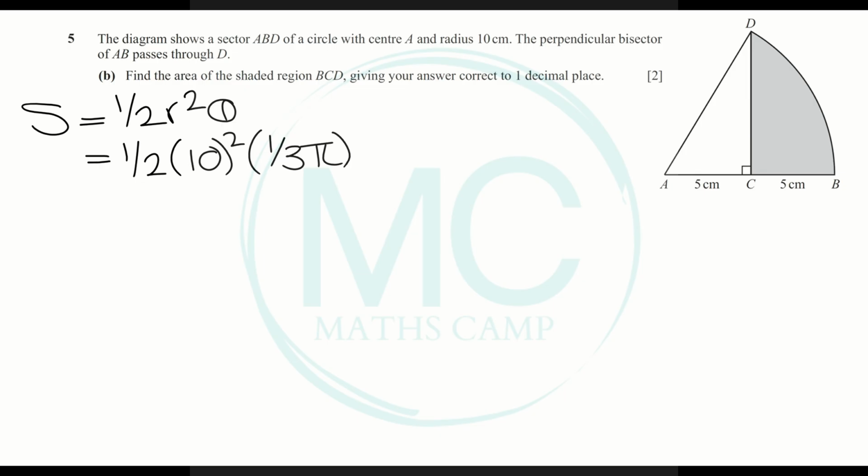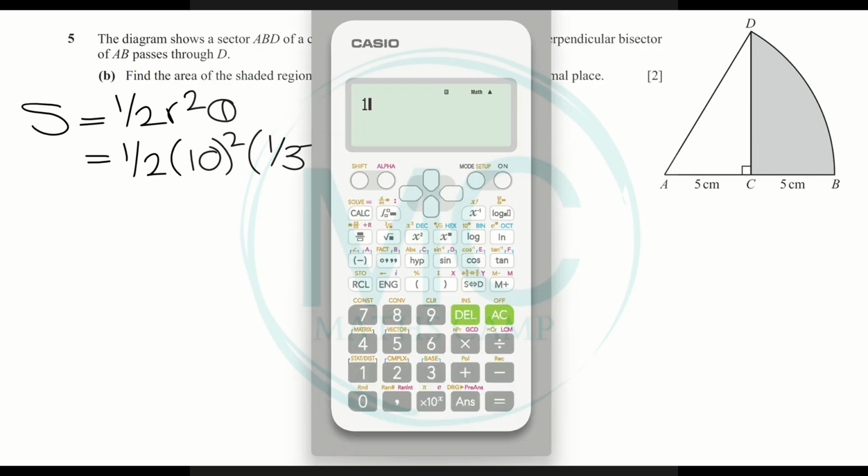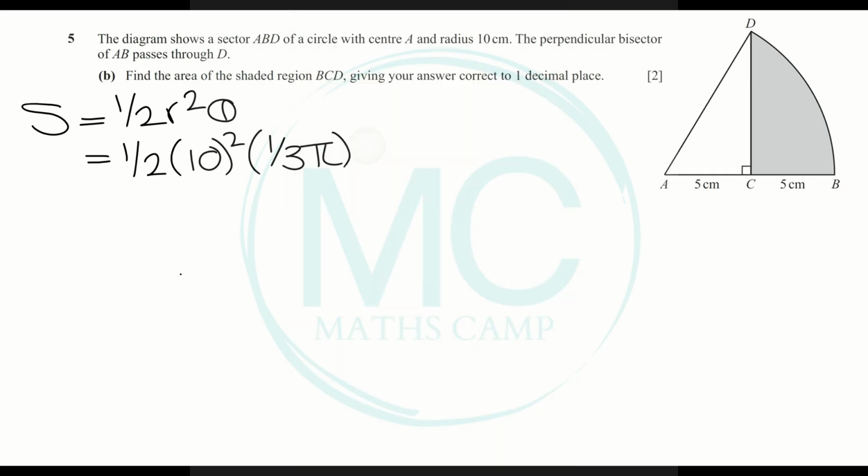So now you can take your calculator and you can say 1 over 2 multiplied by 10 squared, which is 100, multiplied by 1 over 3 pi is equal to 50 over 3 pi. I'm going to leave my answer like this for now, 50 over 3 pi.